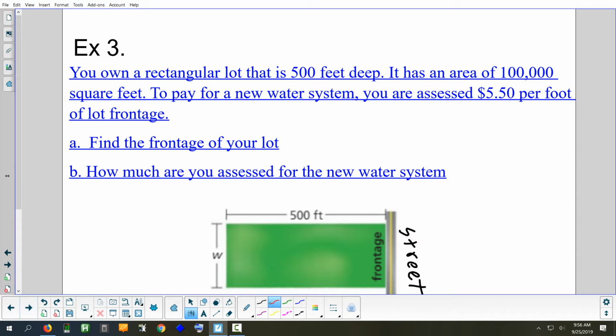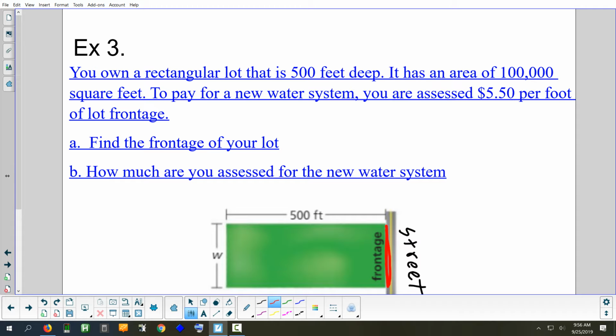You have to pay for the section of pipe that's in front of your yard. The neighbor has to pay for the section of pipe in front of their yard. But you only have to pay for the section that's just in front of your yard. So the thing we have to figure out is how big is the front of our yard? It's called the frontage of the yard. So we got to figure that out.